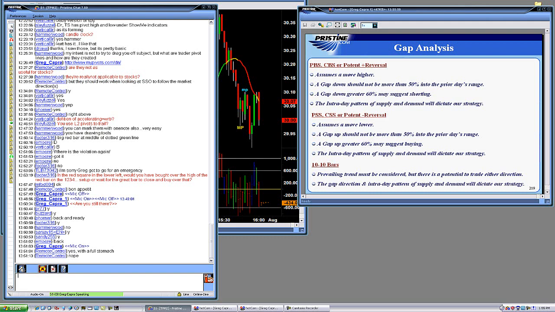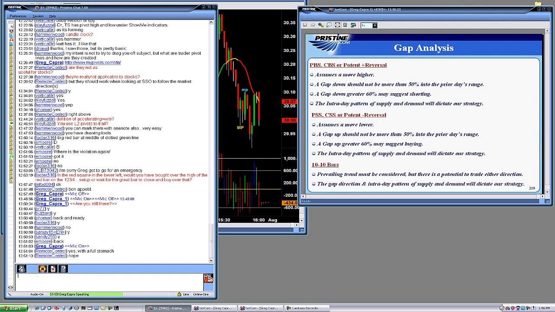If it is a significant gap down, maybe it suggests we're going to go in the other direction. For example, you have a pristine buy setup, but prices are gapping down to the low or below the low of the changing of the guard. Well, we're going to change our mind about that buy side bias based on the size of that gap.